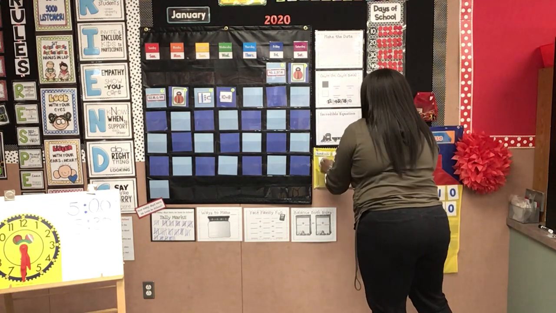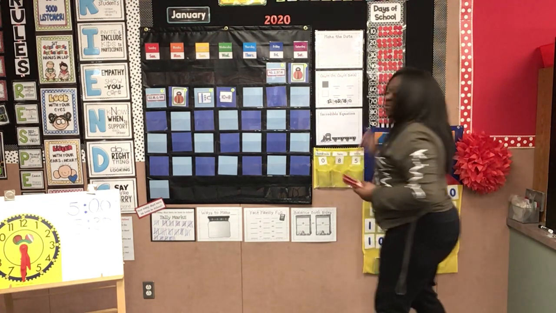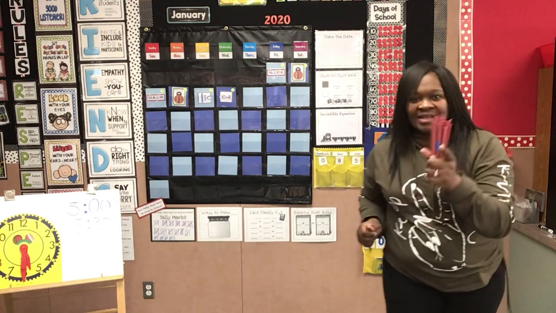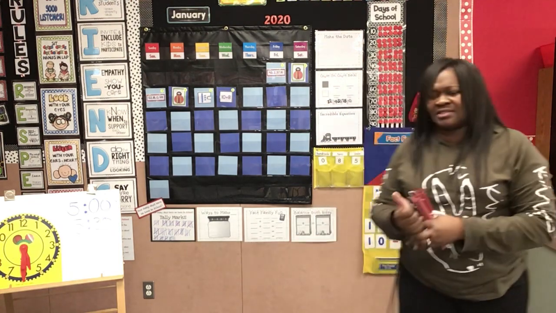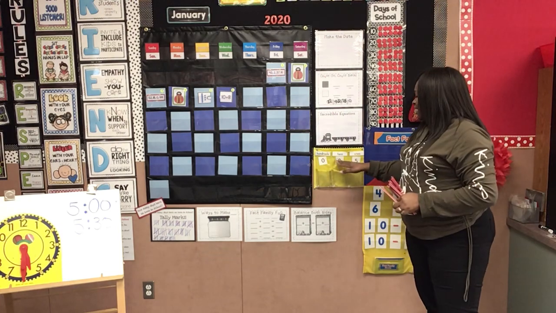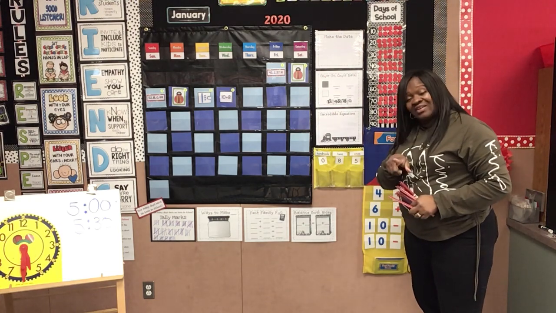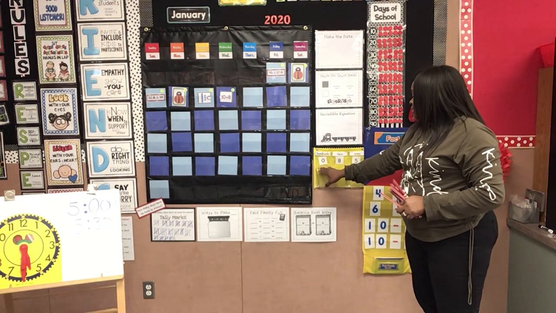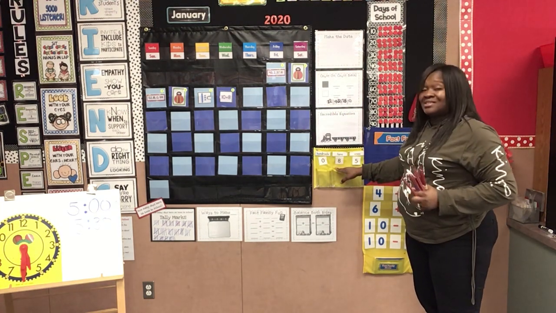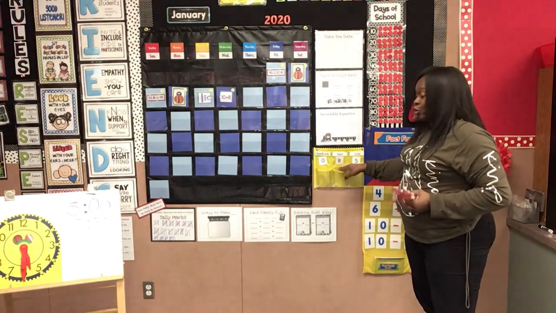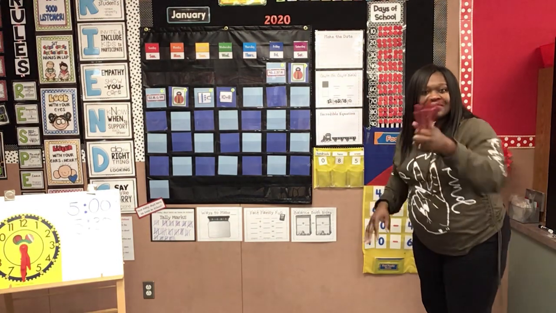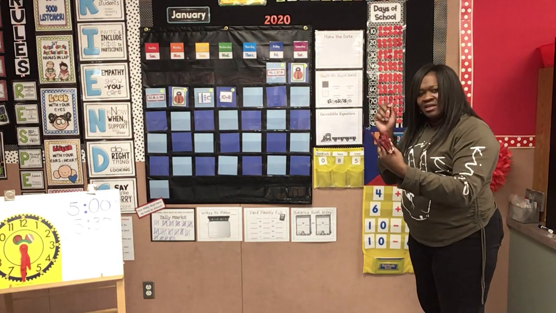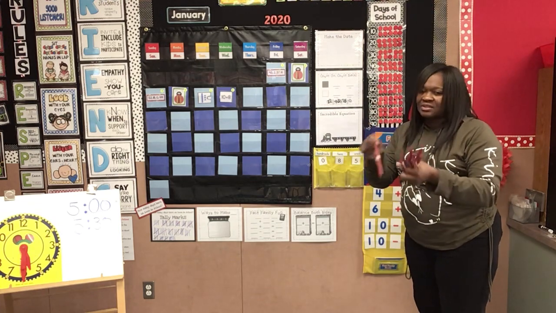Okay. And now let's count. Remember, every number has a place. And in the number 85, you guys are 85 days smarter, but there's 0 in the hundreds. There's nothing there yet. In the tens, there's 8 groups of 10. And let's count together. Can you guys count them with me? I don't count 1, 2, 3, 4, 5, 6, 7, 8.